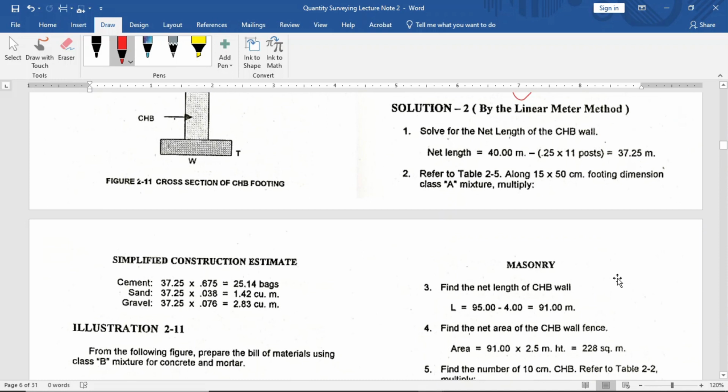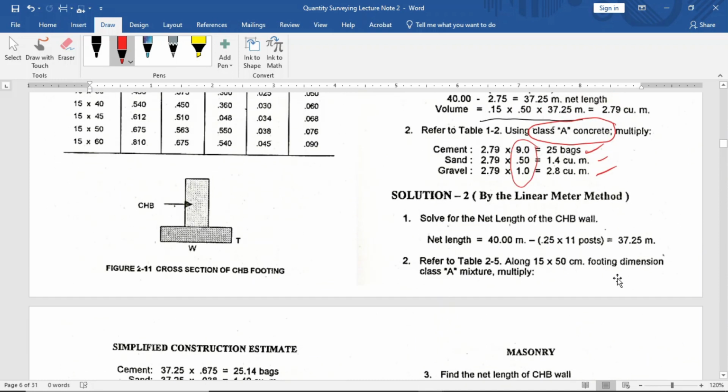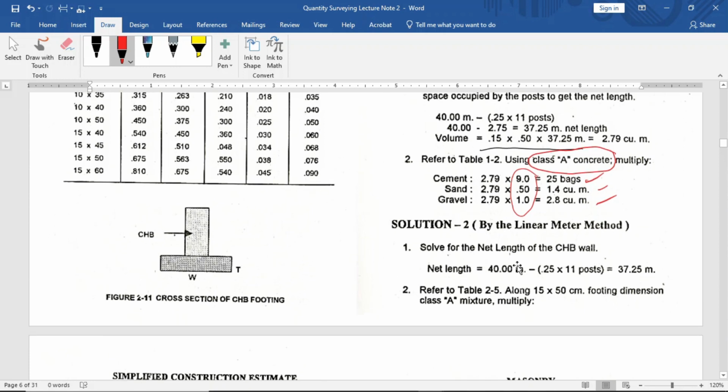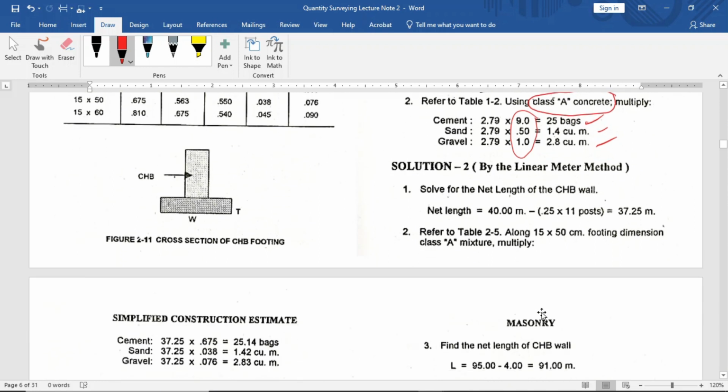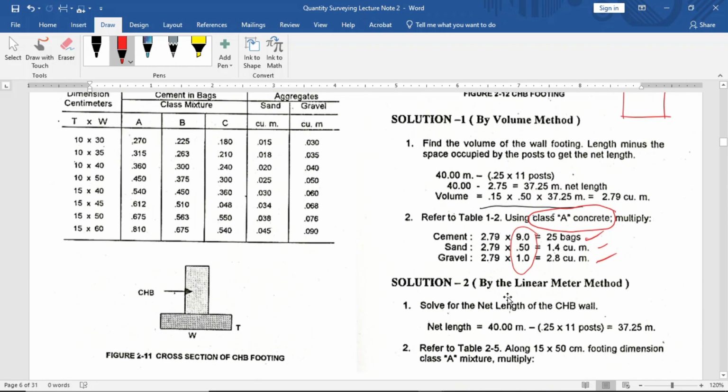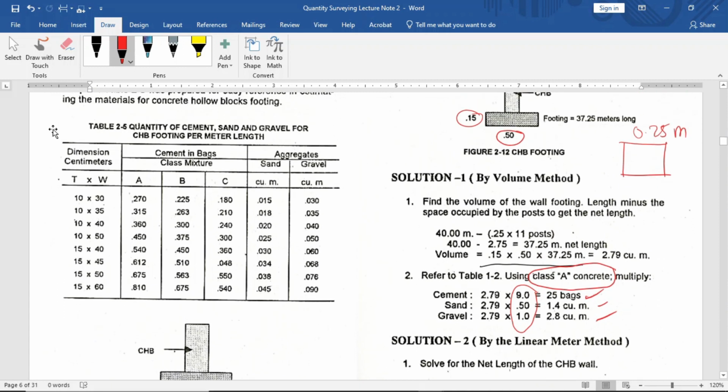So, how about naman by linear meter method? Number 1 is solve for the net length of the CHB wall. Katulad lang kanina, net length lang. Refer naman tayo sa table 2-5, for per meter length lang.